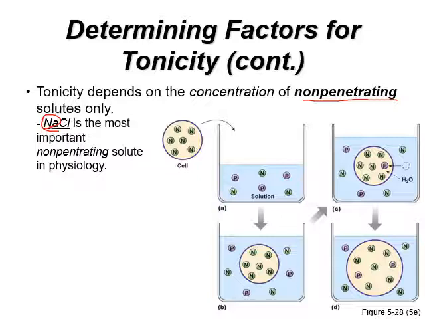Because if we add too much salt or too little salt, too much non-penetrating solutes, then we can affect the tonicity of the cell. We can expand the cell or shrivel it, and that's going to affect the functioning of the cell. So it's important that the tonicity of those solutions that we are putting in are matching what we need to do in the body.